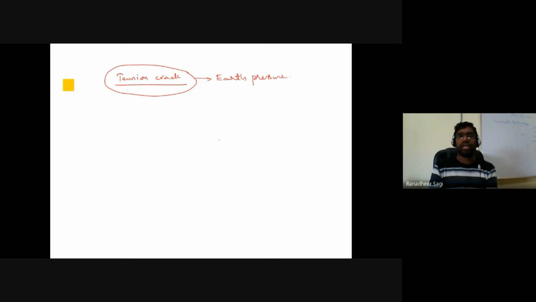After introducing the different types of earth pressure, like active earth pressure, passive earth pressure, and at rest earth pressure, I'll introduce this tension crack once again, and there we'll derive the expression for the depth to which your tension crack will be developed.